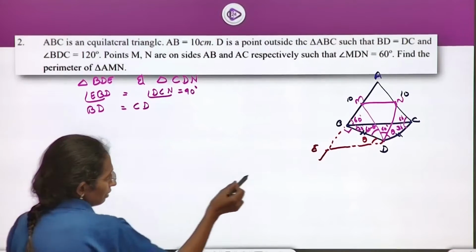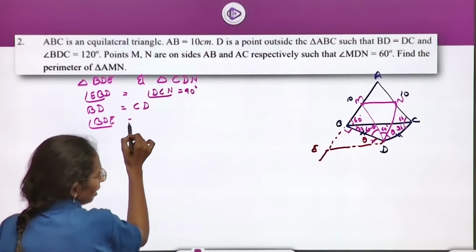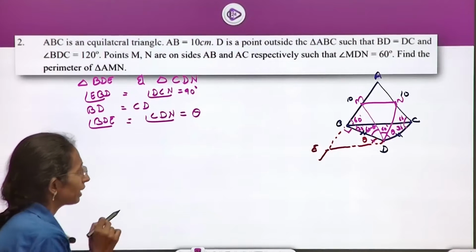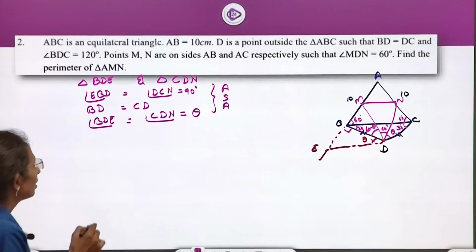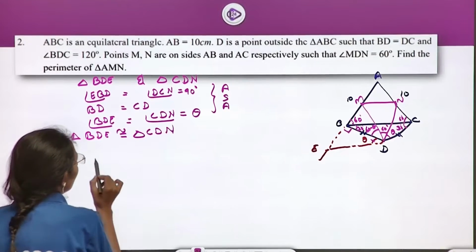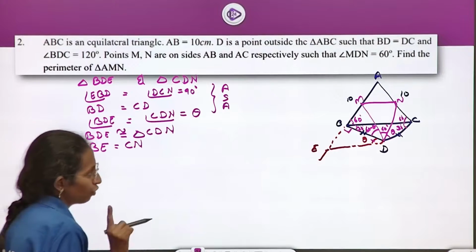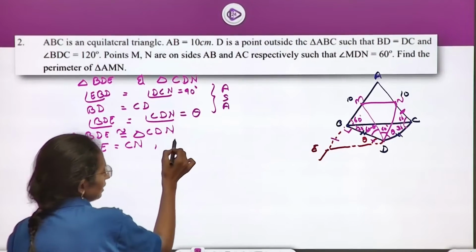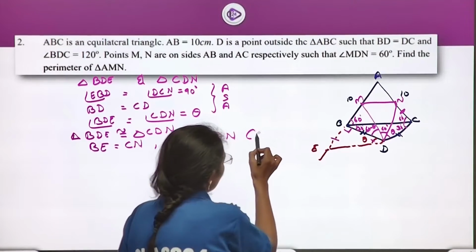The third thing is we had constructed this angle BDE as theta, and already angle CDN is theta. So by ASA congruency, angle side angle, we can say that triangle BDE is congruent to triangle CDN, which is giving us that BE is equal to CN, and second, ED is equal to DN. These two are by CPCT.